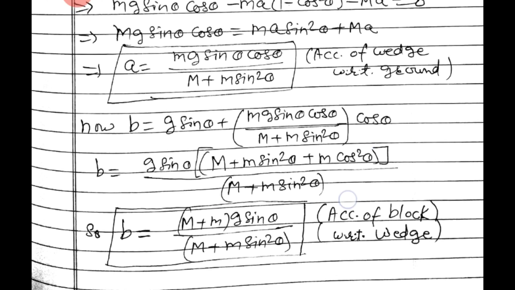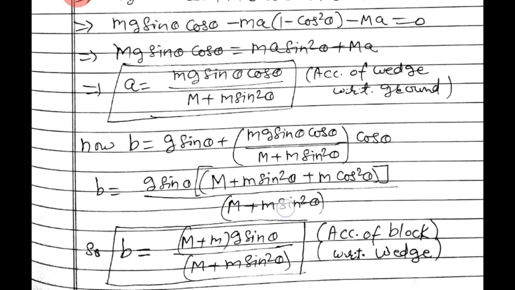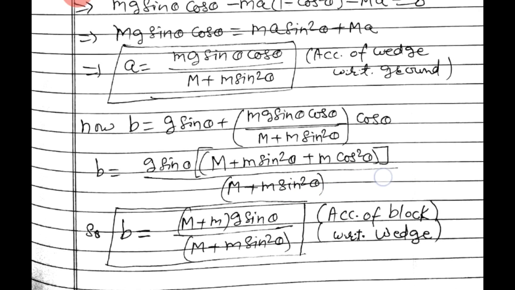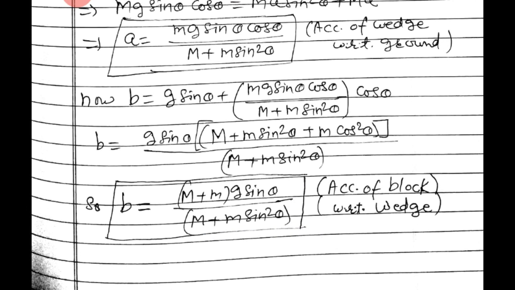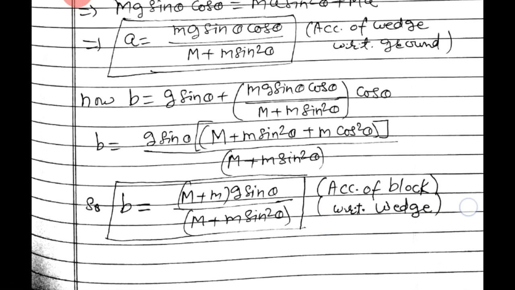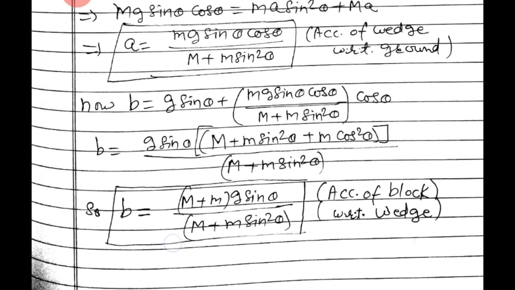When we will take LCM and we will take g sin theta common, then it will be bracket (M plus m sin square theta plus m cos square theta). Sin square theta plus cos square theta will be 1, because we will take small m common. So from here we will get our final answer, that will be (capital M plus small m) g sin theta upon (capital M plus small m sin square theta). That is acceleration of block with respect to the wedge, small b. Okay, thank you very much, thanks a lot.